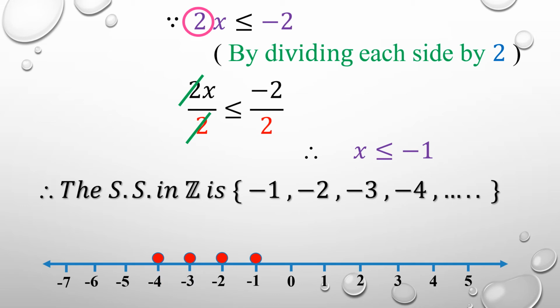And I said it's an infinite set. But infinite in the negative direction or in the positive direction? In the negative direction, because we are completing the negative integers. Okay? So the arrow will be in the direction of your left hand.